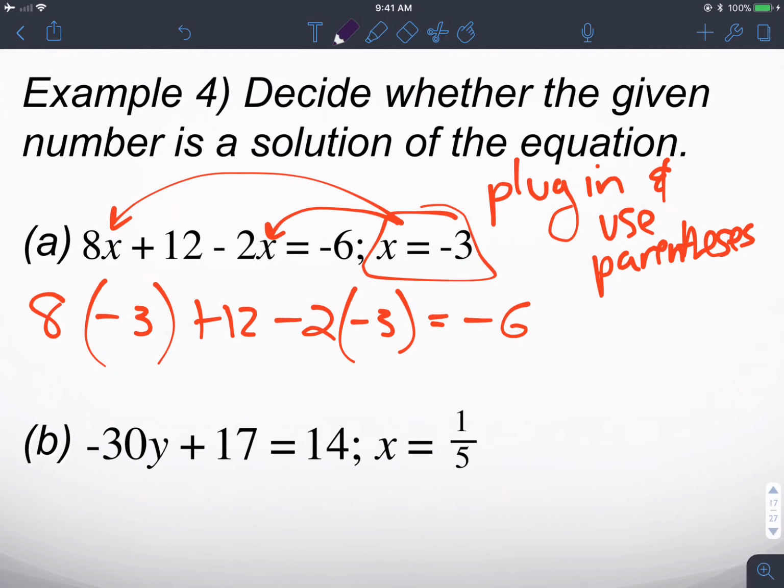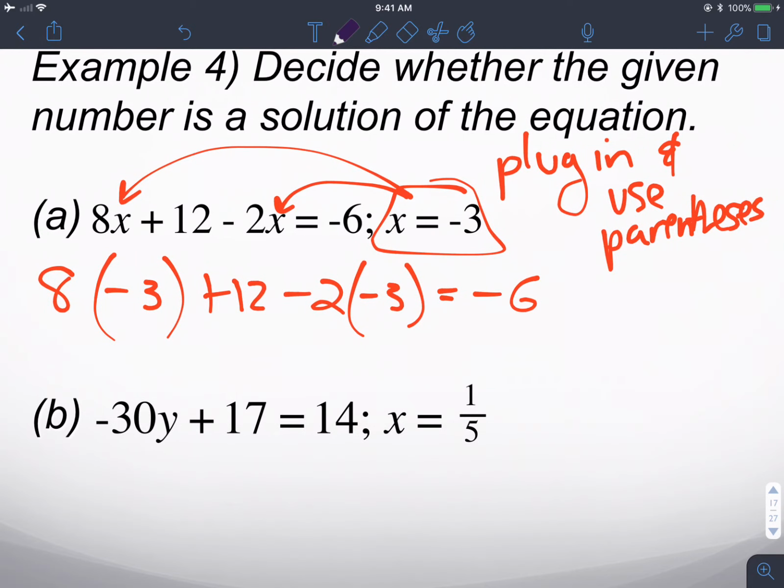It's just like the true and false question. So 8 times negative 3 is negative 24, plus 12. Now I can do negative 2 times negative 3, and that becomes positive.